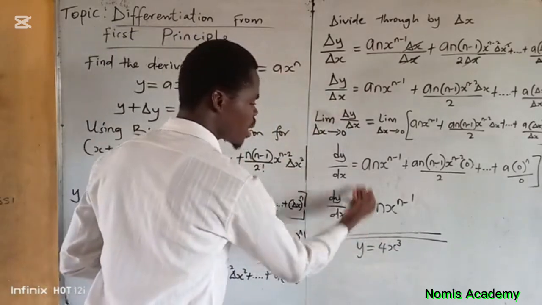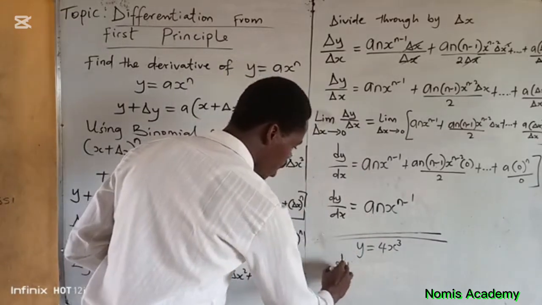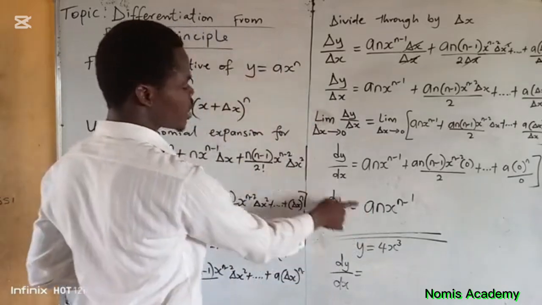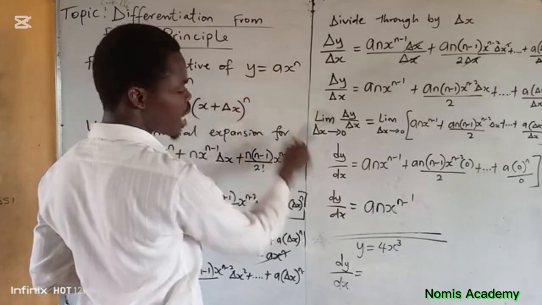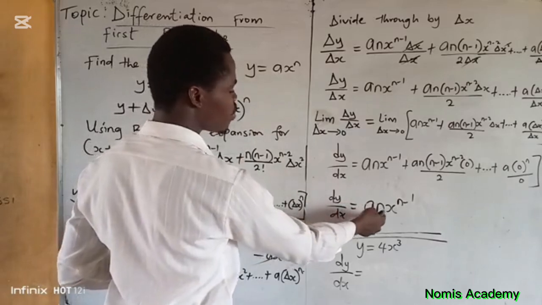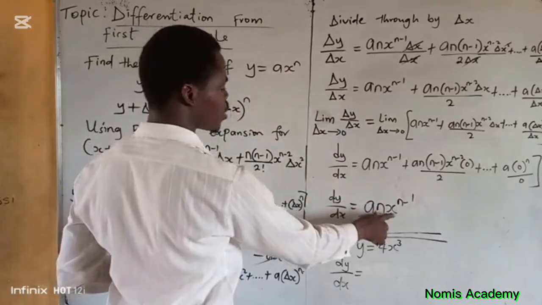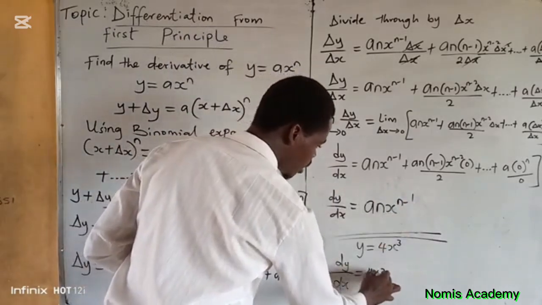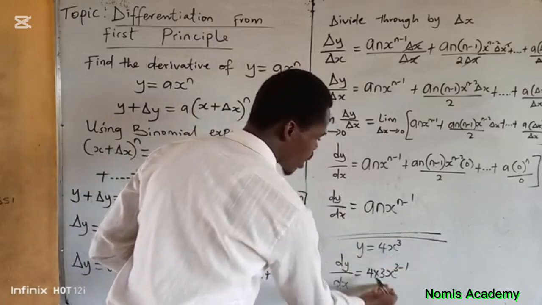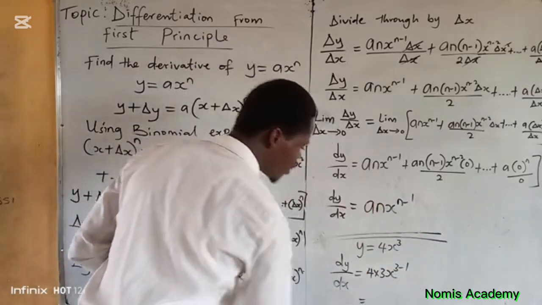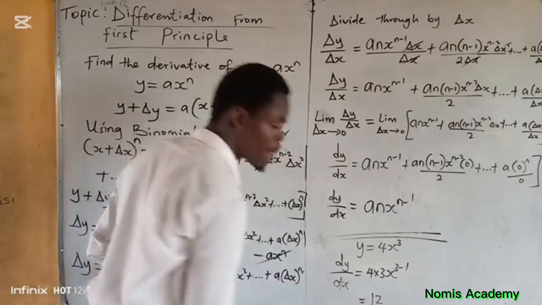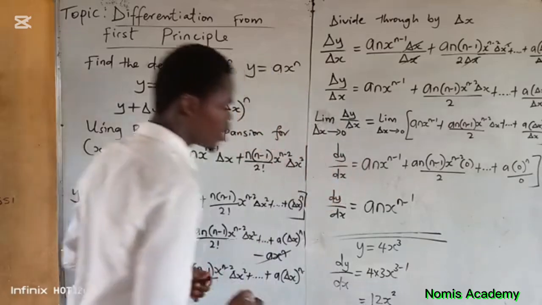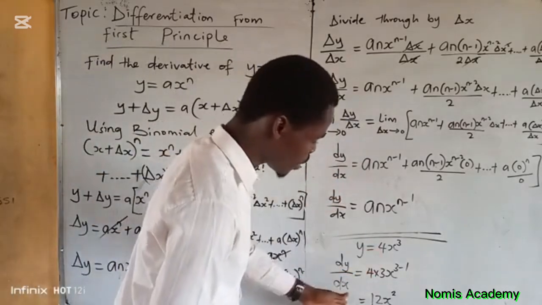So using this idea, the derivative dy over dx: you can see that the coefficient is a, and then the power multiplies the coefficient, and then you have your x variable raised to n minus 1. So in this case, we have 4 times 3, x raised to the power of 3 minus 1. So the final result will be 12x raised to the power of 2. So this will be the solution to the function given.